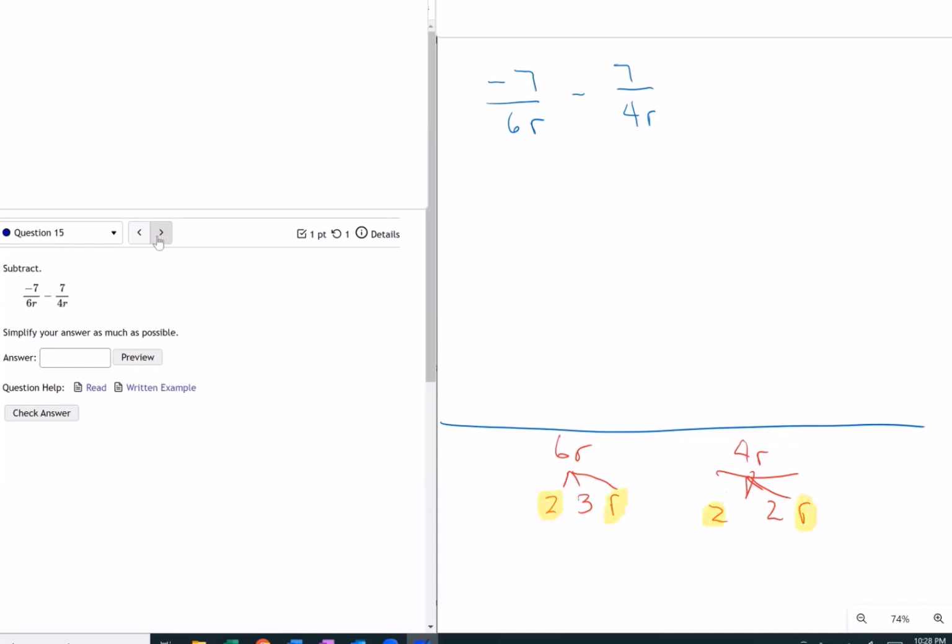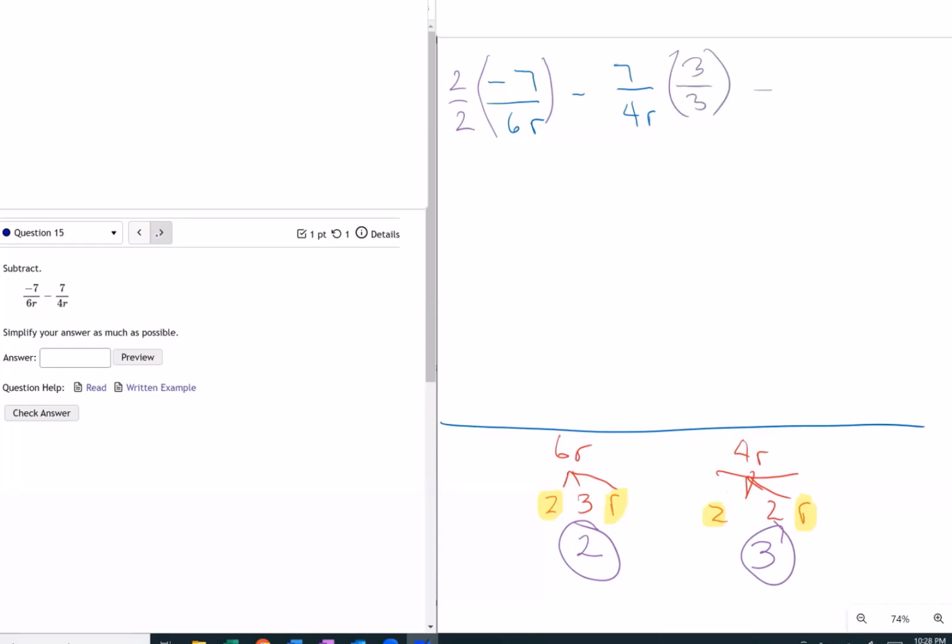So to make them the same, I need to multiply this by 2 and this by 3. I have to multiply this by 2 over 2. I have to multiply this by 3 over 3.